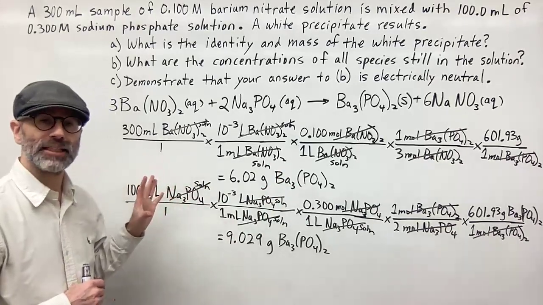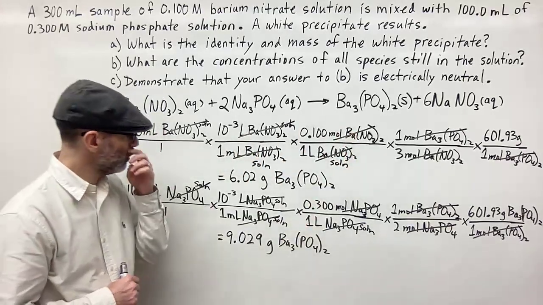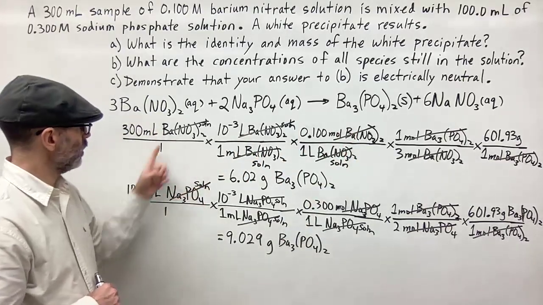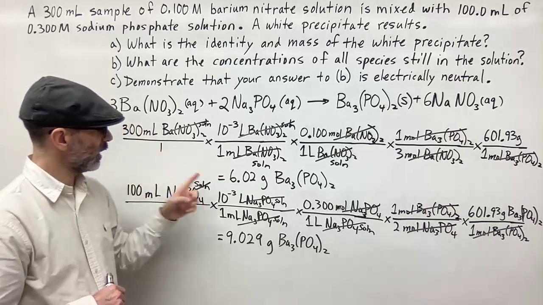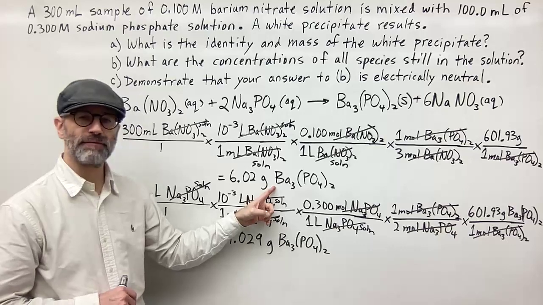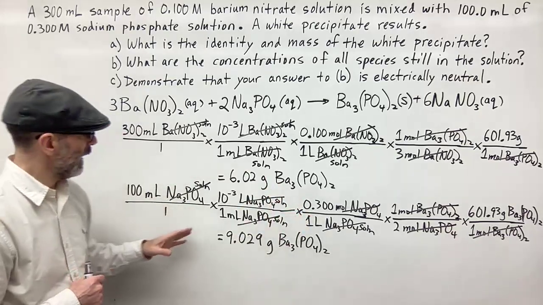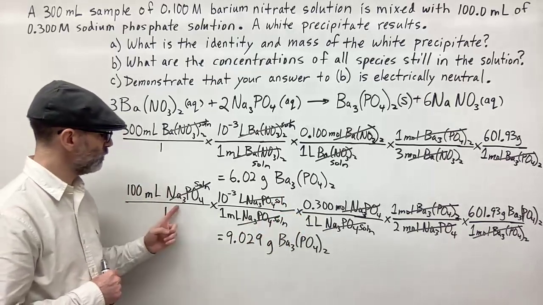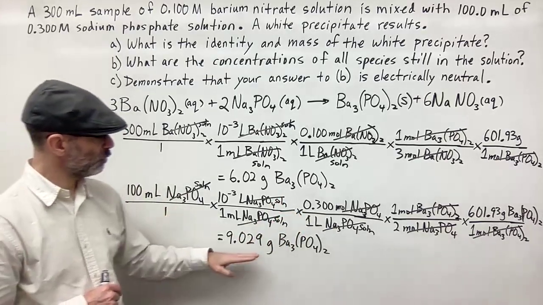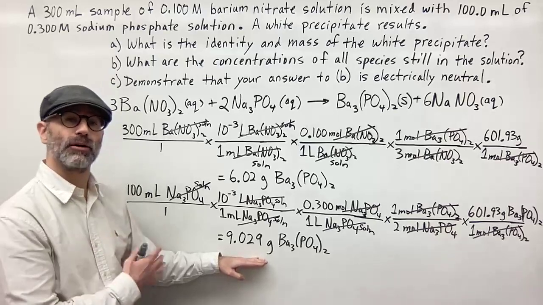All of that reactant was converted completely to product. And what you notice is that the 300 mils of the barium nitrate would only produce 6.02 grams of the barium phosphate, assuming it was all reacted, right? And the 100 milliliters of the sodium phosphate would produce 9.029 grams of the barium phosphate, assuming that it all reacted.